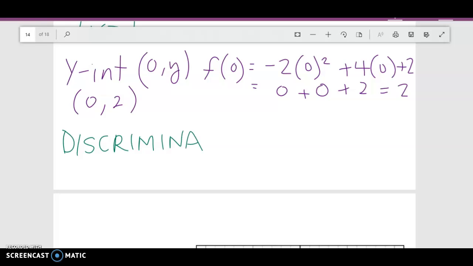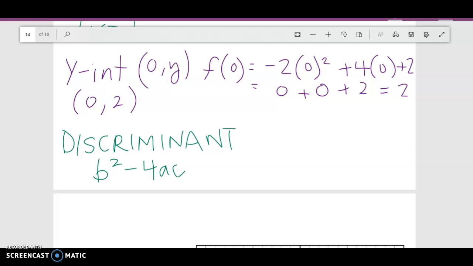We can calculate the discriminant to decide what type of solutions we have. The discriminant expression is b squared minus 4ac. This is the expression under the radical in the quadratic formula, which we'll look at in a little bit.